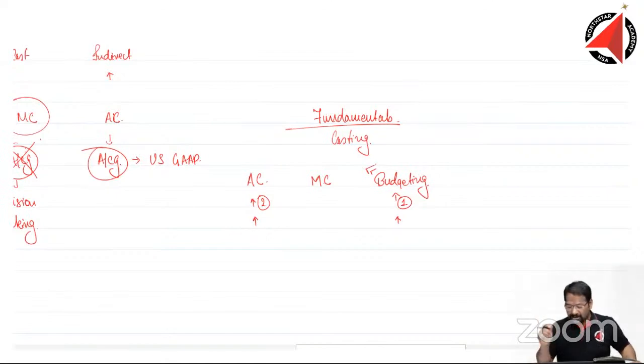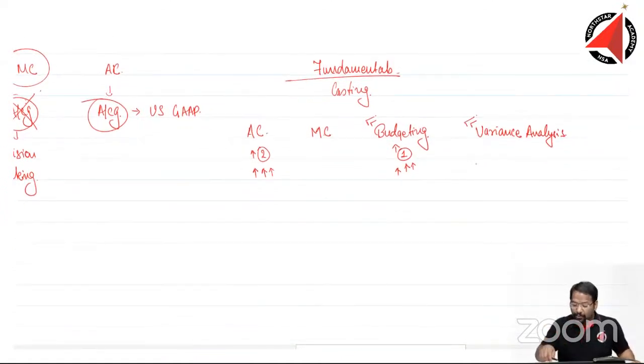This we do in our analysis, which we call variance analysis. Here we understand, okay, we had planned something, and actually something happened, how the planning and the actual have gone, and these entire details are available in the analysis.